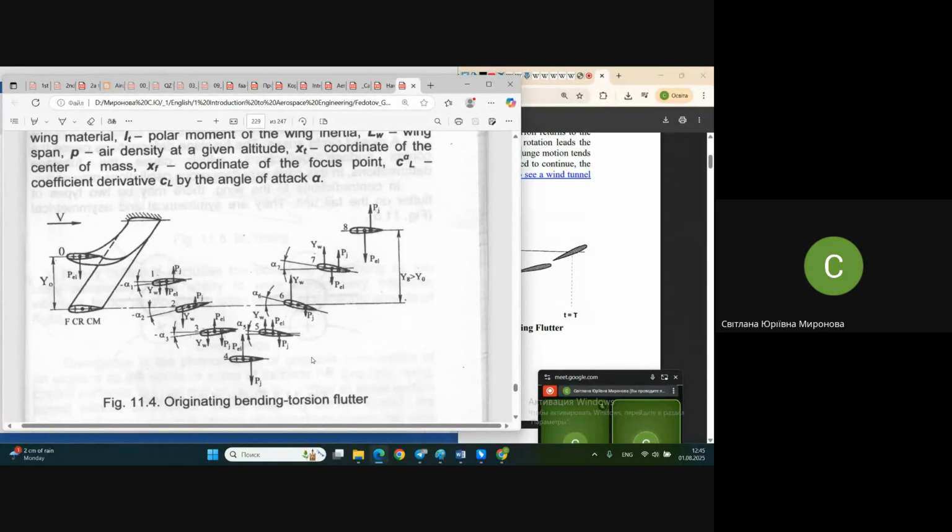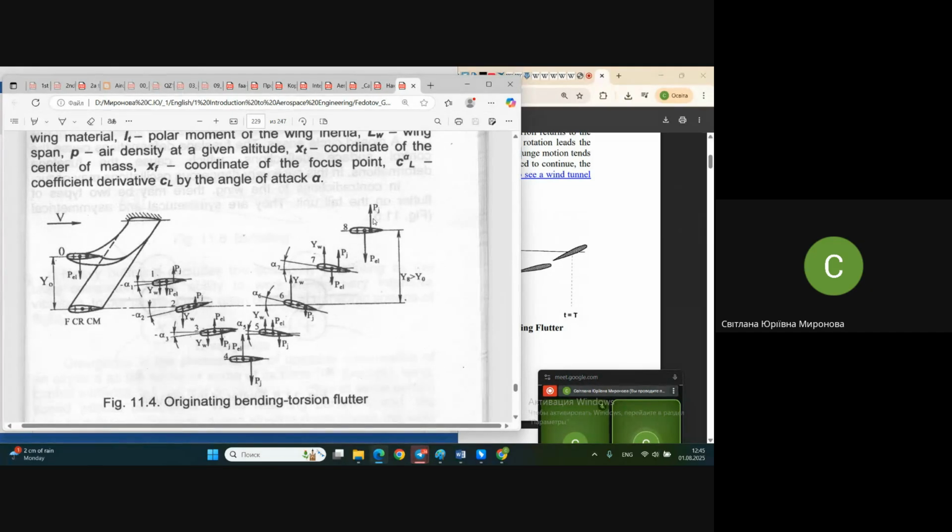These self oscillations usually appear like bending and torque motions. Altogether, the travel of the wing, you see, it's the cantilever wing, the wing on the way. Let's say we see airfoil from the right to the left, how it's moved.